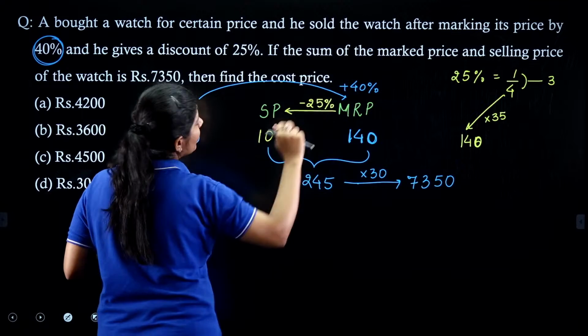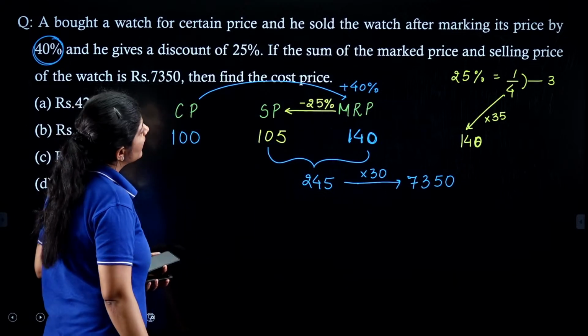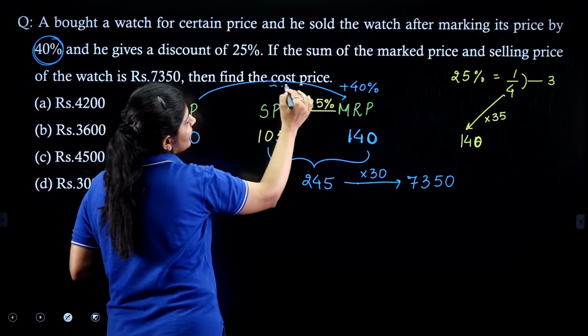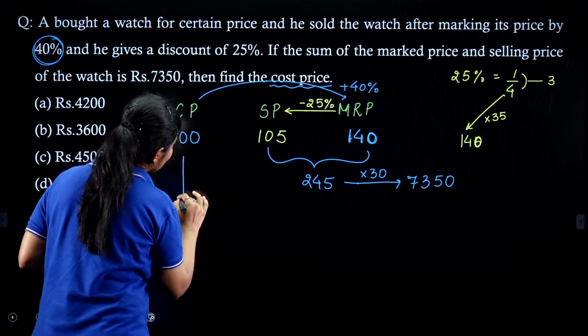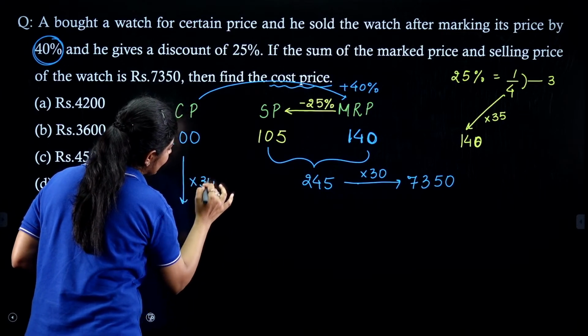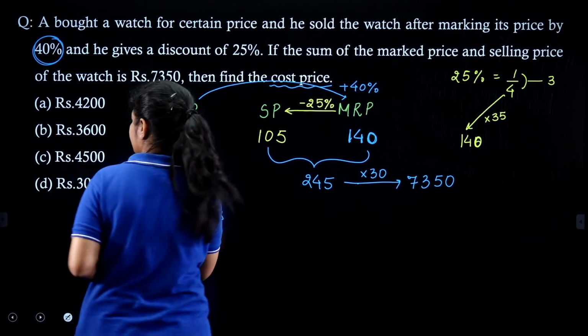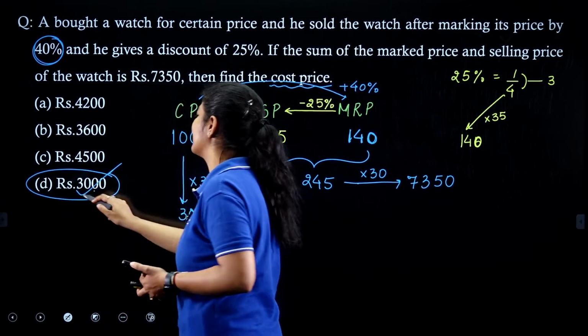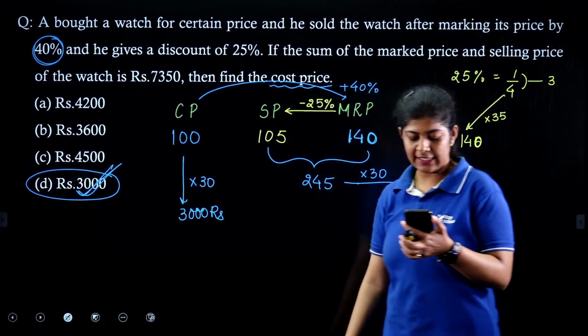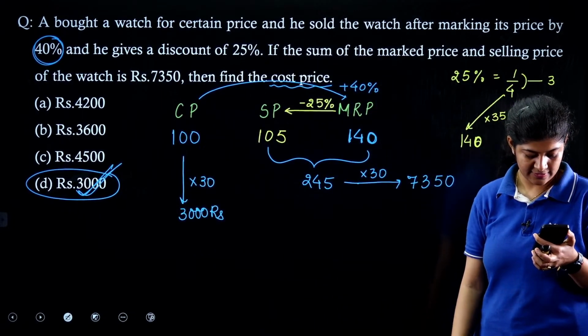Because we are dealing in ratios. Now we just need to calculate the cost price. That means we multiply 100 by 30 and we get our answer as 3,000 rupees. Option number D is the correct one.